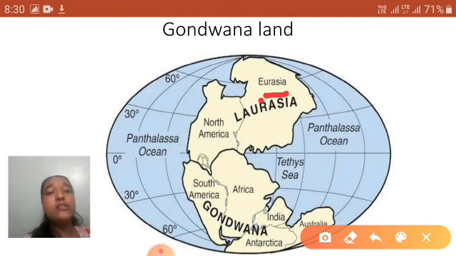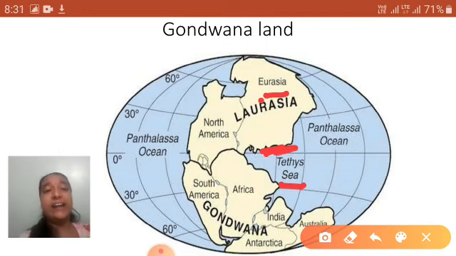You can also see this 30 degree south latitude, and over here there were huge loads of sedimentary rocks. India moved towards the northern direction and joined Asia near this latitude.